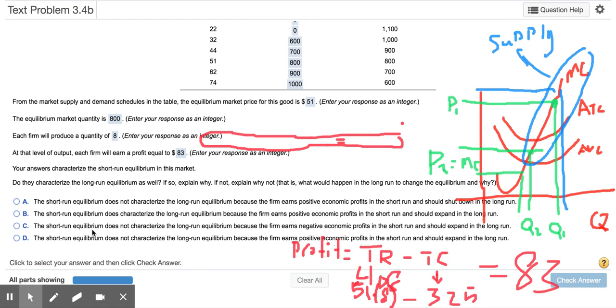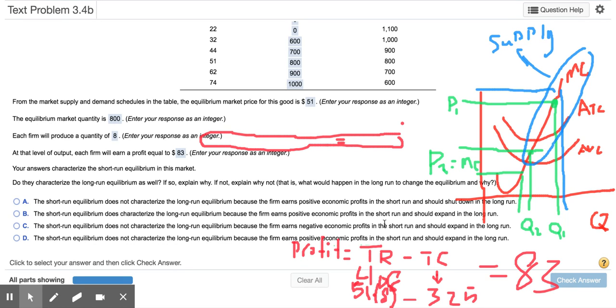C: the short run equilibrium doesn't characterize the long run equilibrium because the firm earns a negative economic profit in the short run and should expand in the long run. So it's not C because at least this firm is not earning a negative profit.